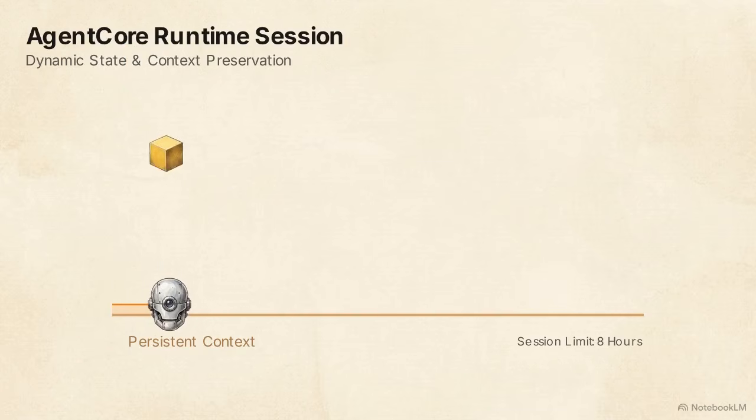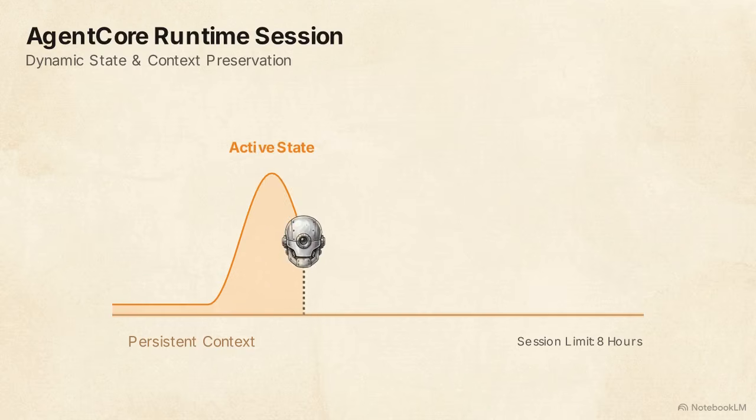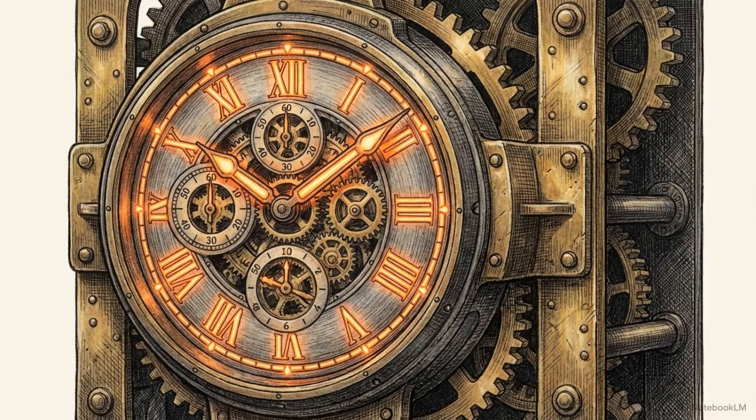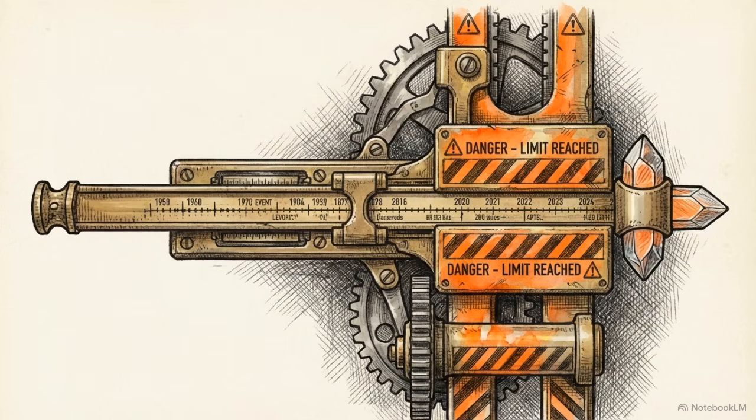As the session processes, it dynamically shifts between an active state and an idle state, maintaining context across multiple conversation turns. This loop has strict termination boundaries. The session is automatically killed after 15 minutes of inactivity. There is also a fixed hard limit. Regardless of activity level, no session is allowed to persist beyond an 8-hour maximum lifetime.